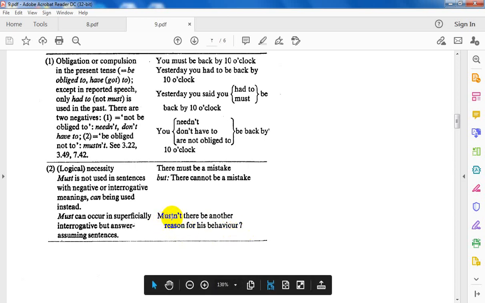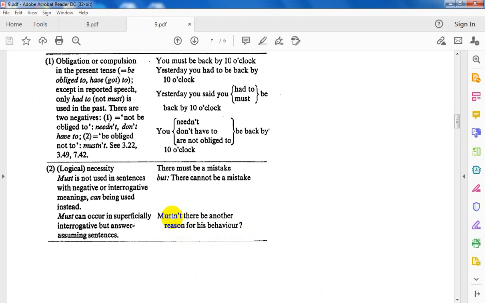I know that must not cannot be used in any question or in negation. But this kind of sentence is not a question by itself. It doesn't ask for something specific or missing. It is just a superficial question.